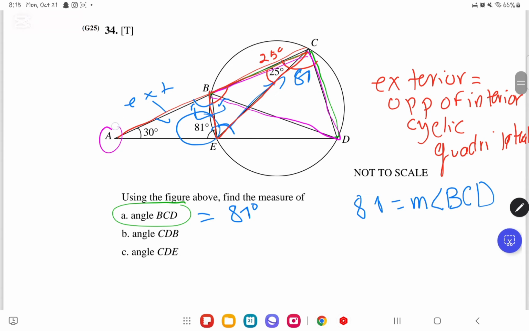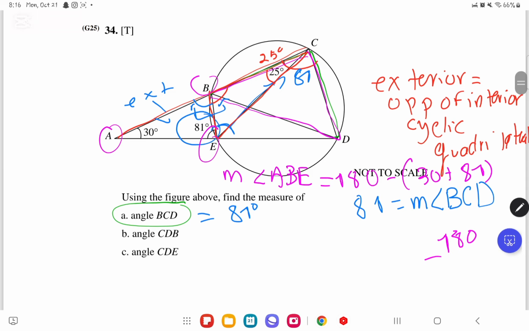Meaning, we can find, first of all, angle ABE. Measure of angle ABE is equal to 180 minus 30 plus 81. So if we do it, 30 plus 81 is 111, so 180 minus 111 is 69.